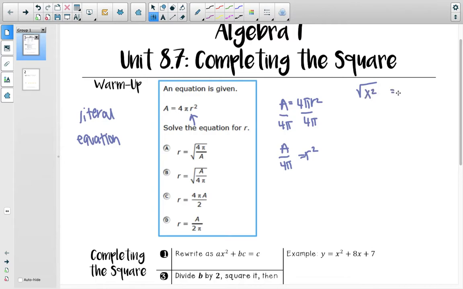We've already done the square root of x squared is x. Well, to get rid of that square right here, I guess we did it in the last unit, my bad, you get this answer. Now, typically I would be really strict about having the plus or minus, but this is not the case. So our answer right here is B.